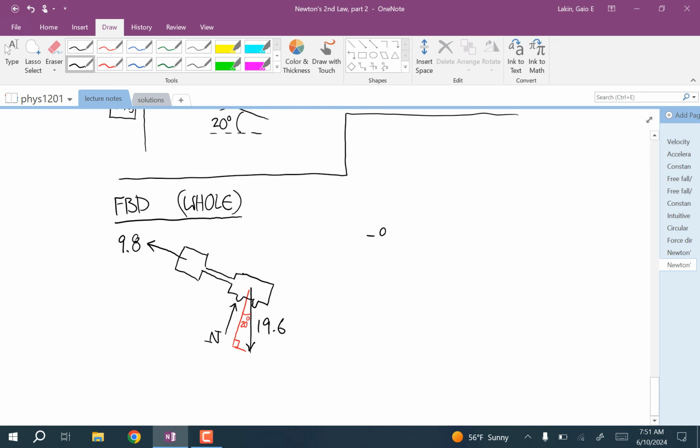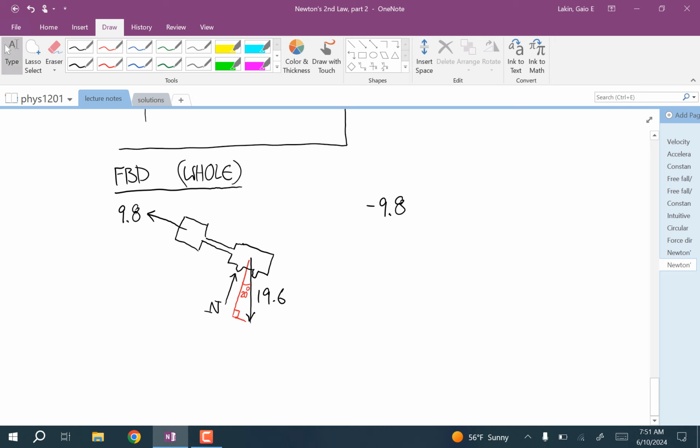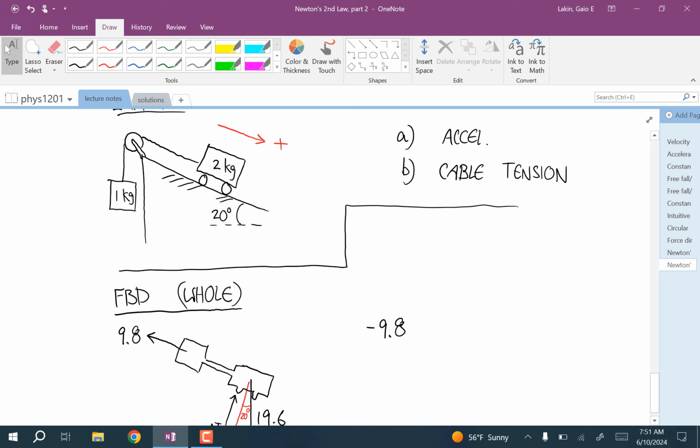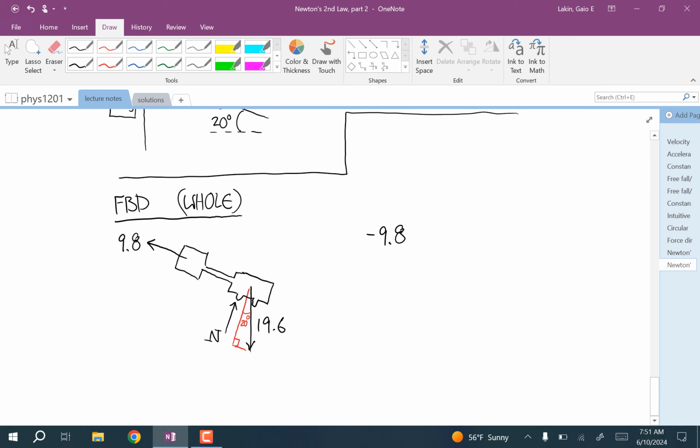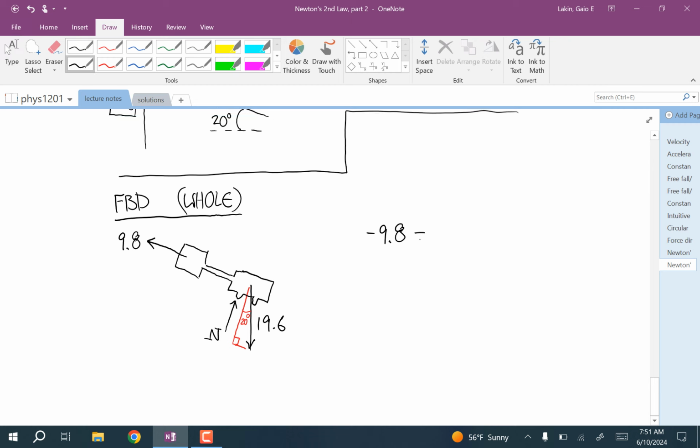So we have negative 9.8. You can see that this weight force of 19.6 is less than 90 degrees from our positive direction. And so that means that's going to be positive. And it's 19.6 times the sine of 20 degrees.